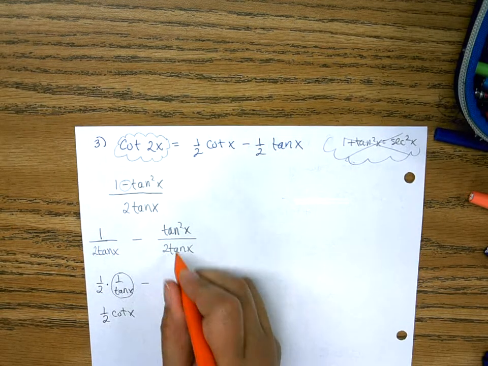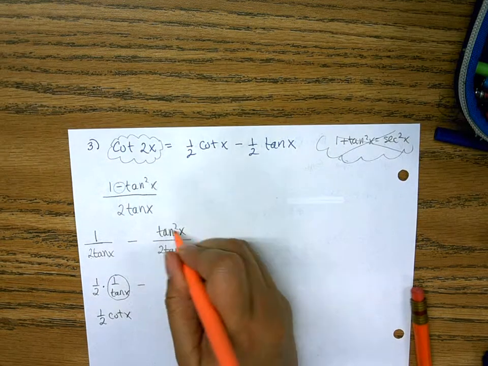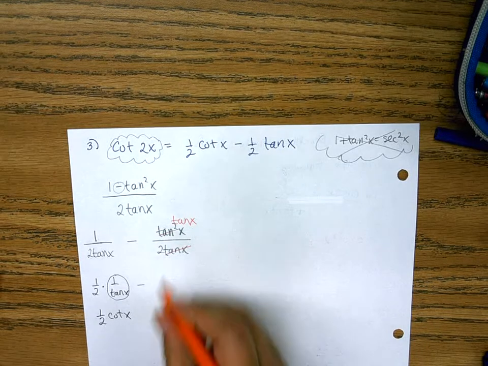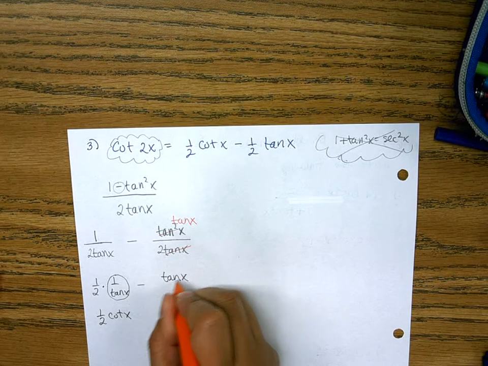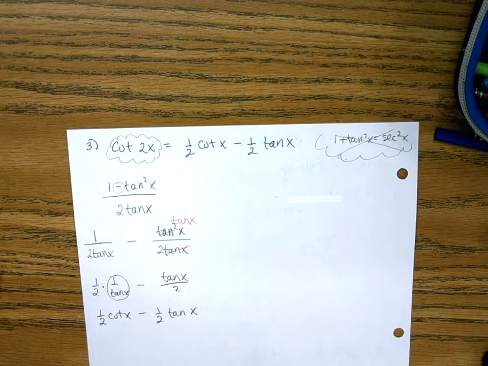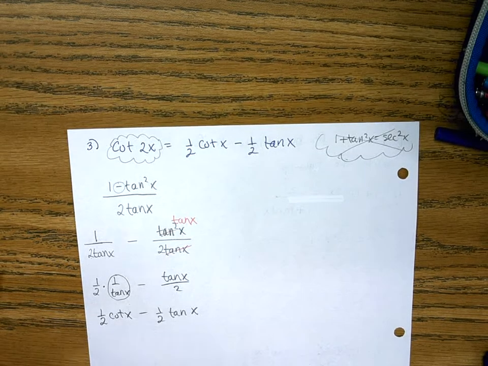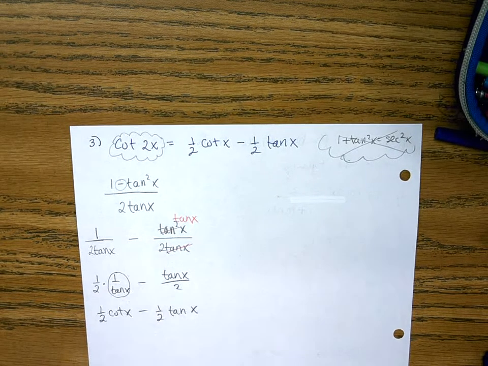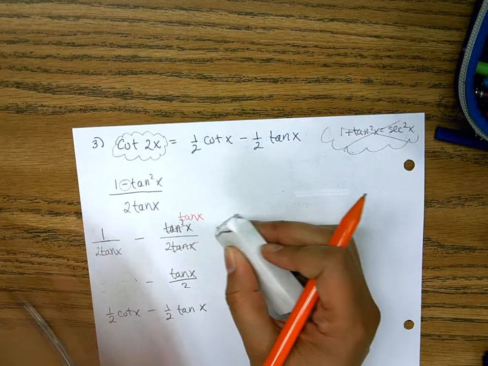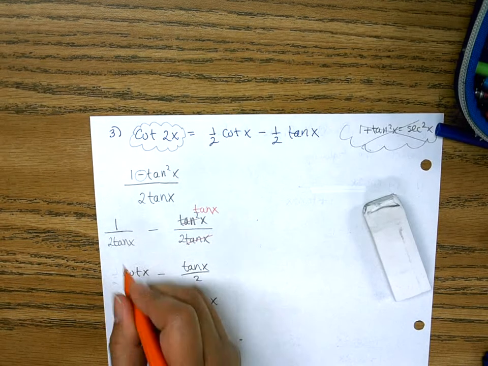Minus, the tangents reduce. This is gone, leaving 1 set at the top. So I have tan x over 2, again, as I stated earlier, which is the same as 1/2 tangent x. Okay, so again, if you don't like splitting that, then just recognize that 1 over tangent is cotangent, and the 2 stays at the bottom.